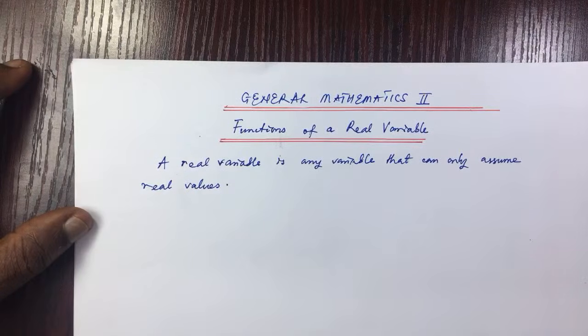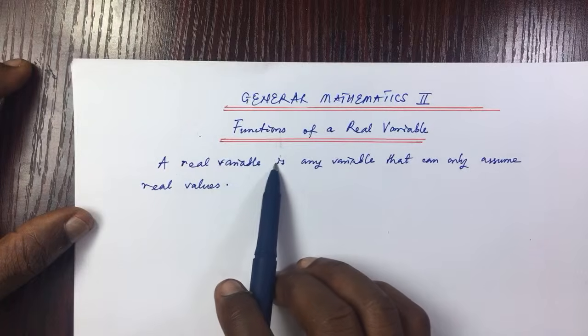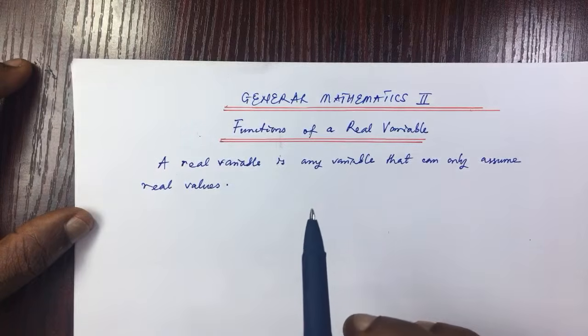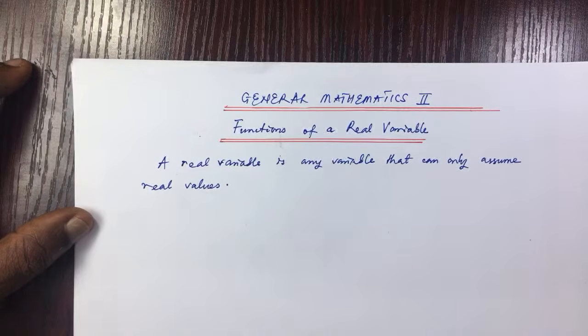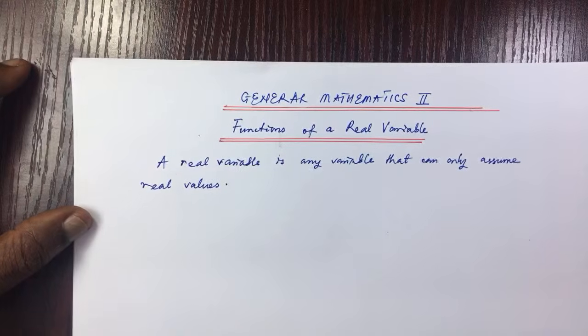What is called a real value could be a rational number. What is called a real value could be an integer. It could be an irrational number. So what we are saying in essence about a real variable is any variable that can only assume real values. It means that a real variable cannot assume complex numbers.